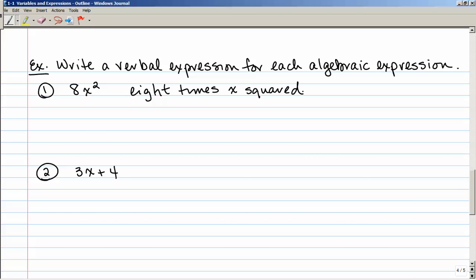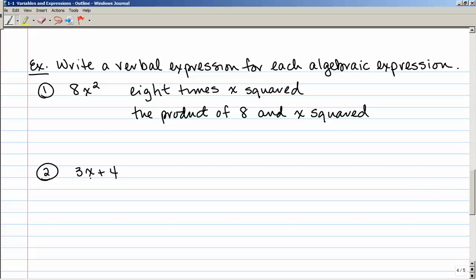Don't just do the little 2 as an exponent. We could also write the product of 8 and x squared. And as you can see, there are often several different ways. Since we have several different words to talk about multiplication, there's several different ways that we can write this.